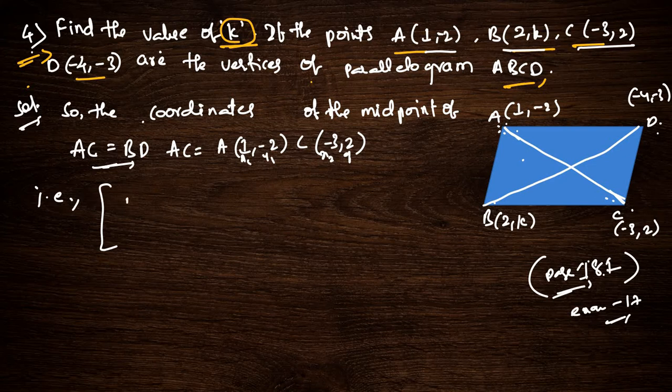First we write AC. The points are A (1, minus 2) and C (minus 3, 2). So this is x1, y1, x2, y2. Midpoint is (x1 plus x2) by 2, (y1 plus y2) by 2. So that is (1 plus minus 3) divided by 2 and (minus 2 plus 2) divided by 2. This is equal to the midpoint of BD.